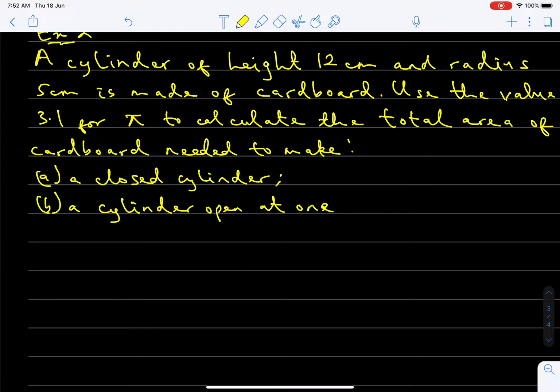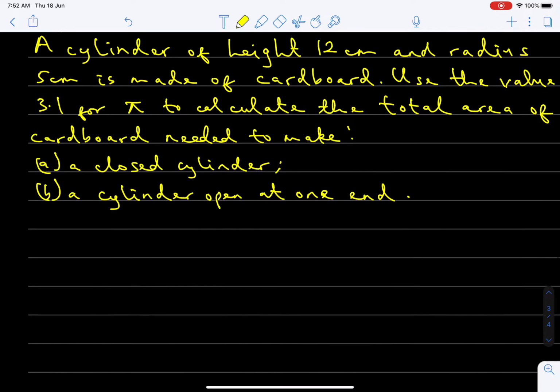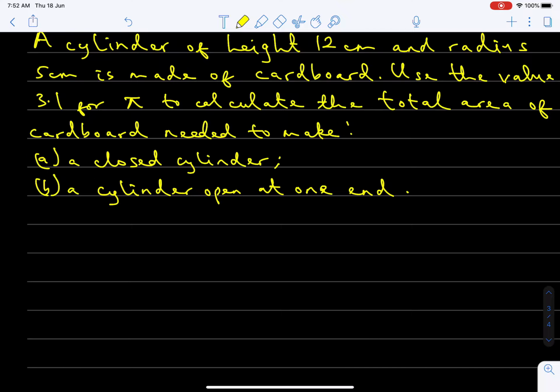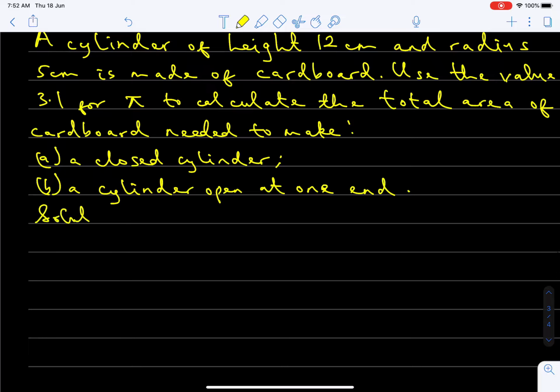That means we are finding the area of cardboard needed to make a closed cylinder and a cylinder open at one end. Now let's go to the solution.